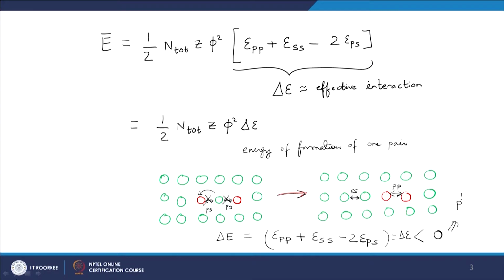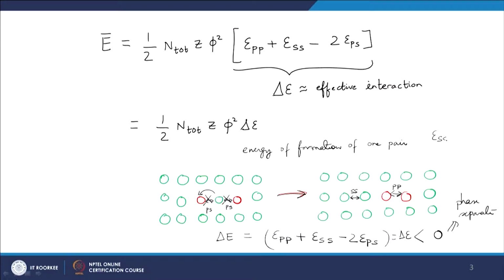What is interesting here is that the phase separation, or the delta epsilon, is not really dictated by the solute interactions alone; it is also dictated by the solvent interactions.